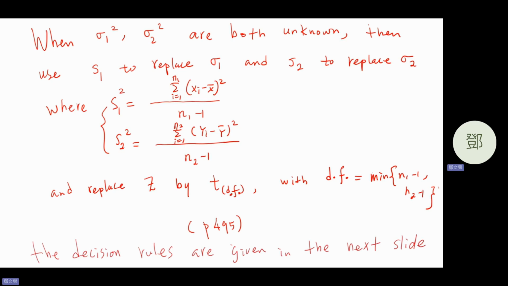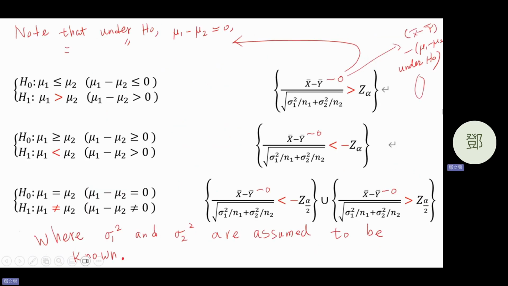And the decision rules are given in the next slide. This is the decision rules for the three hypotheses setting when they are both known, when they are both available. But when they are not both available, then use this.